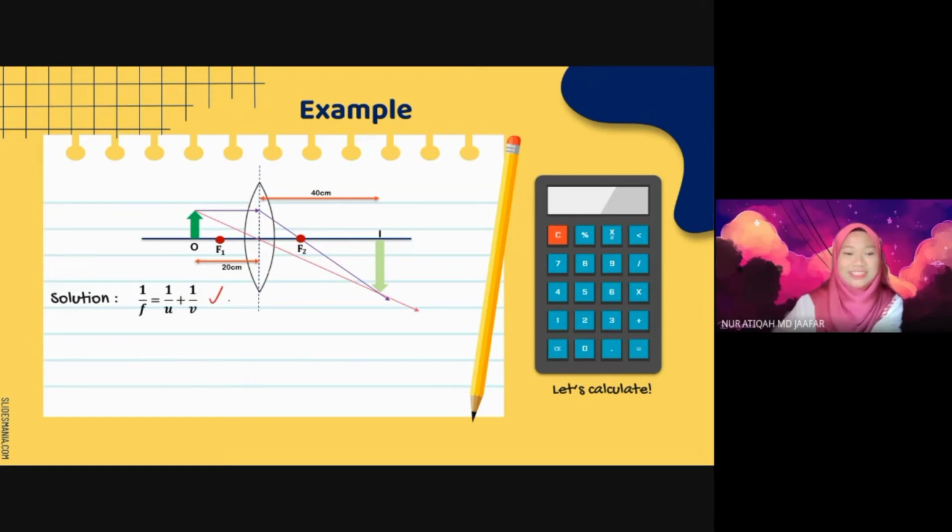After that, we need to insert the value of u and the value of v, which is u is 20 centimeter, v is 40 centimeter. And next, calculate as usual. So we get the answer is 13.33. You can screenshot so that you will try this question later.